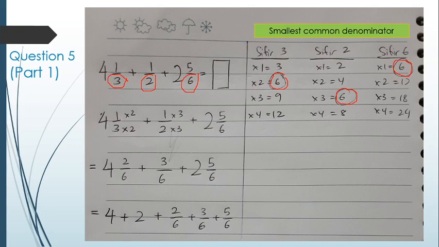Okay, the numerator also times with the same number, 2 times 3, so 2 times 3, 1 times 3, and multiply with the same number, right? So when you calculate, you will have 4 2/6, and then you will have here 3/6.